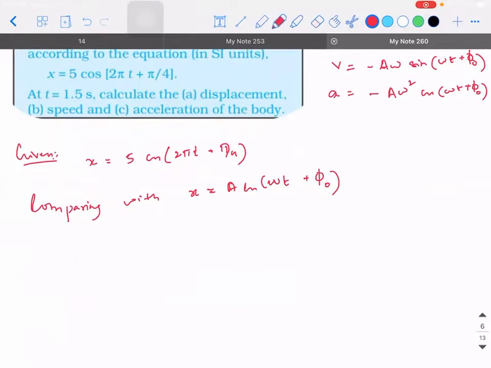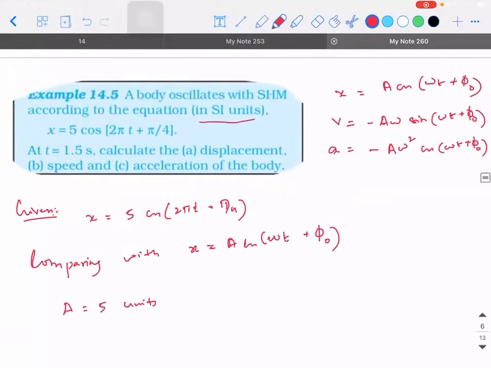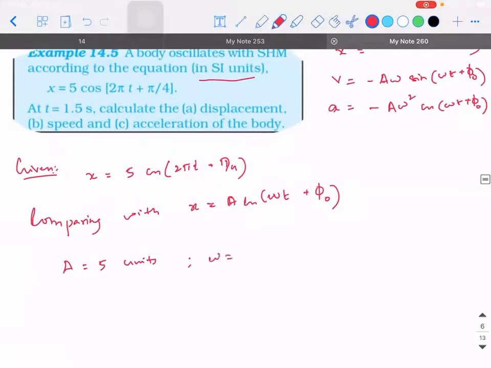So I need not do all those things. Suppose they ask you to find the amplitude, omega, and all those things, then compare these two. Then the amplitude will be 5 units, because we don't know whether it is, they told in SI units, no? Just write it as 5 units. What will be the value of omega? Omega is 2 pi radians, and phi naught will be pi by 4.